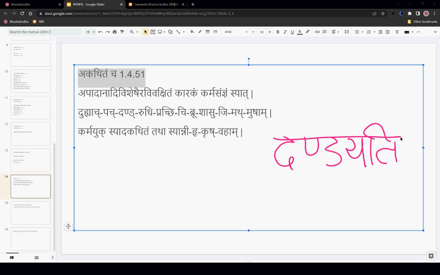But when we say dandayati is a dvikarmaka dhatu, the punishing meaning is not implied when it is used as a dvikarmaka dhatu, having two karma padas. What we want is to use it as extracting some fine. We are fining somebody.